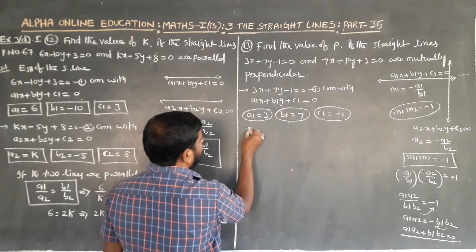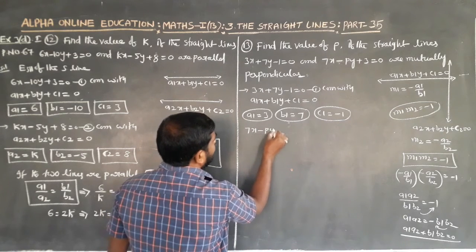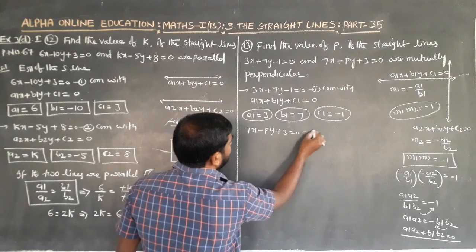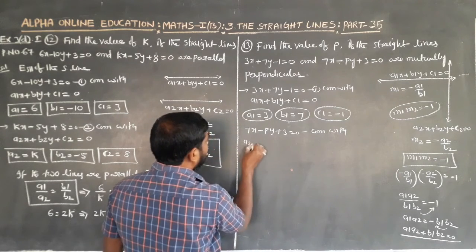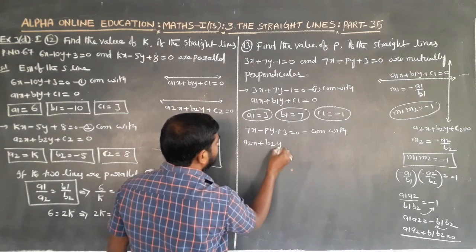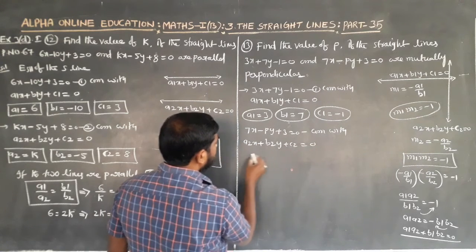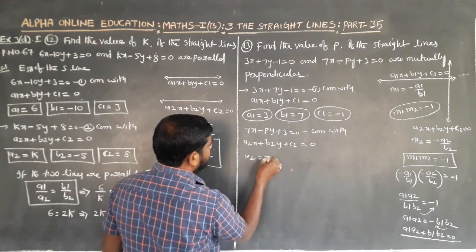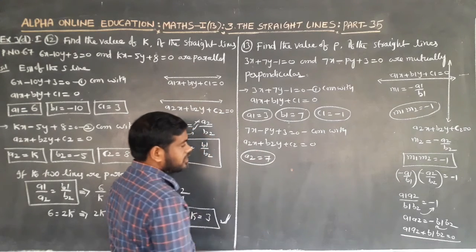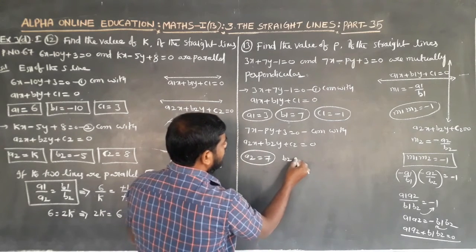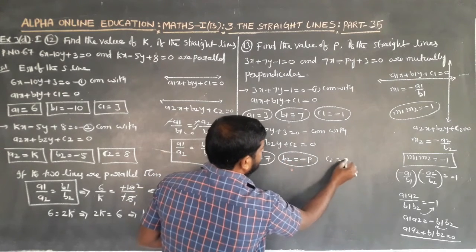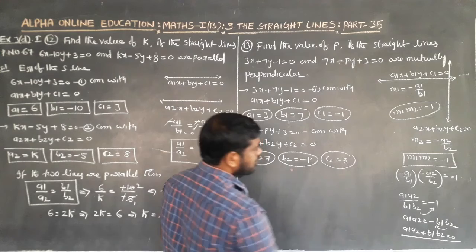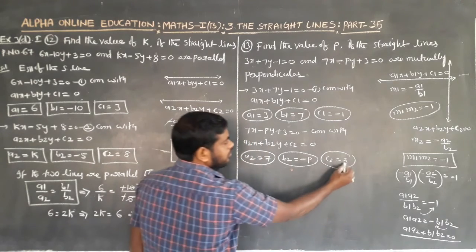Again the second line, 7x minus py plus 3 is equal to 0. Comparing with the second line, a2x plus b2y plus c2 is equal to 0, a2 is equal to 7, b2 is equal to minus p, c2 is equal to 3.